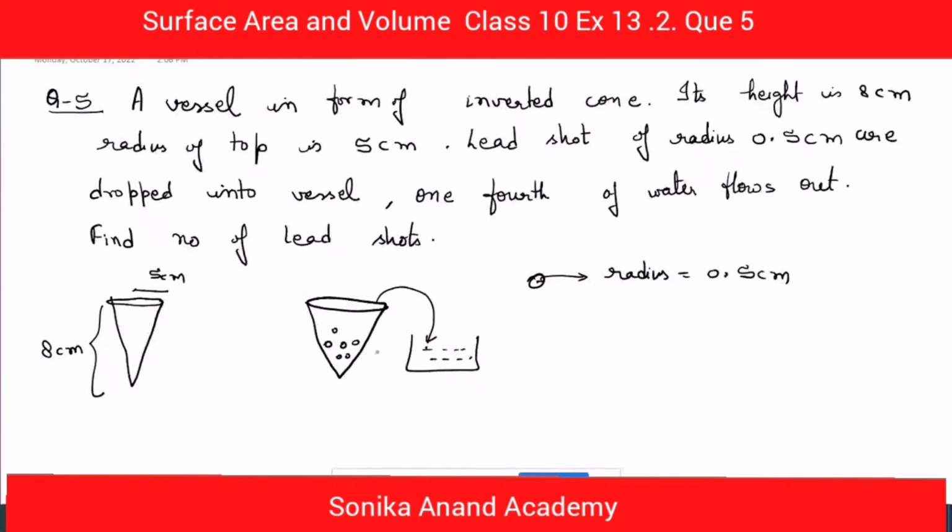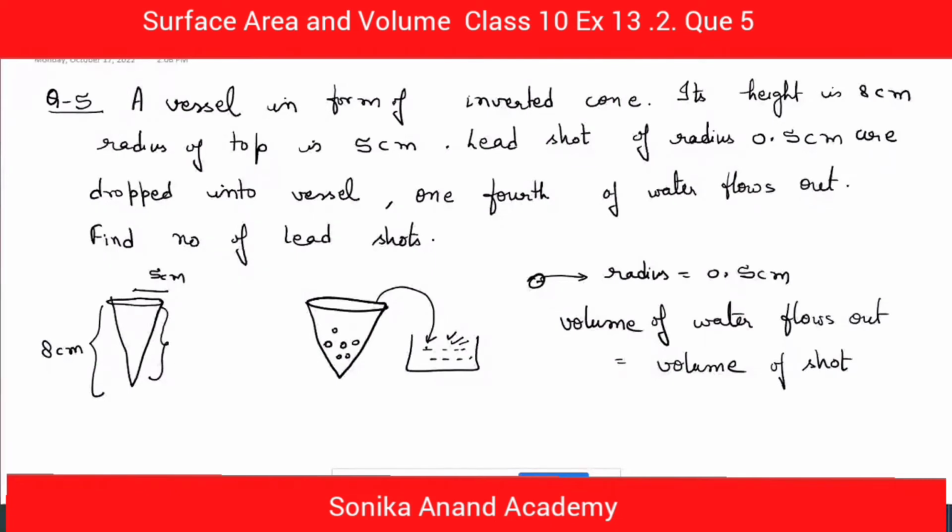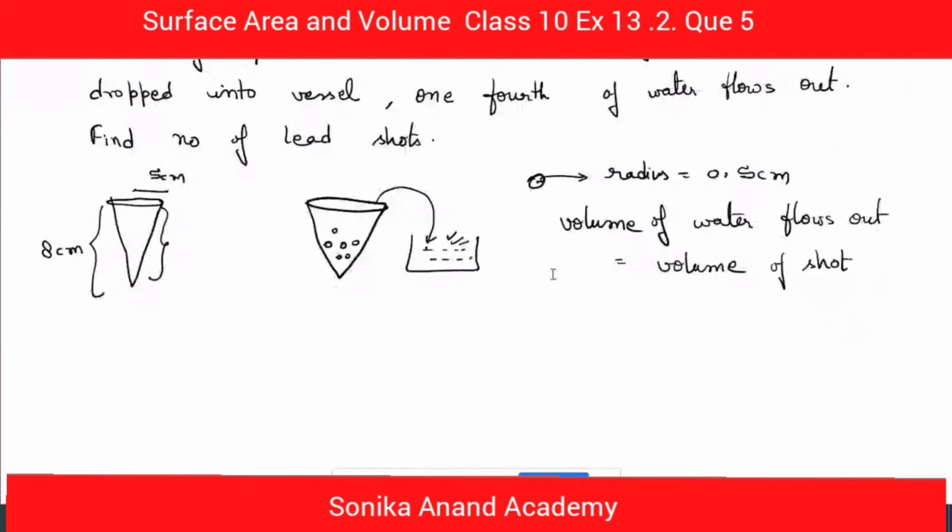So that means the volume of water flows out is equal to the volume of the shots, because the space and the volume occupied by the shot is equal to the extra water, because already it is filled with water. So 1/4 of the water flows out.